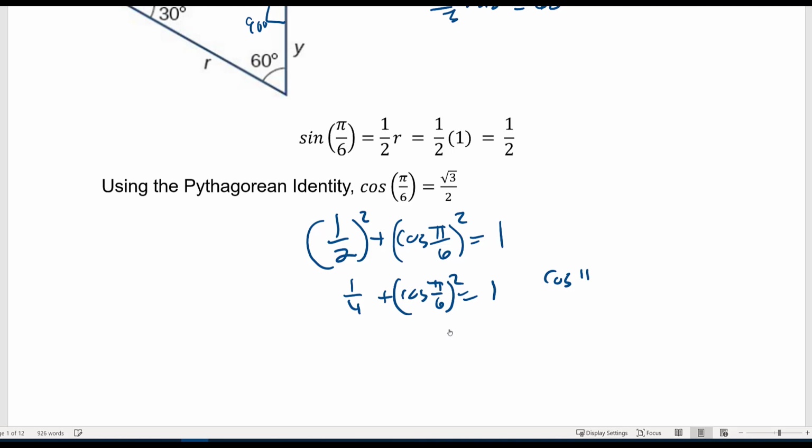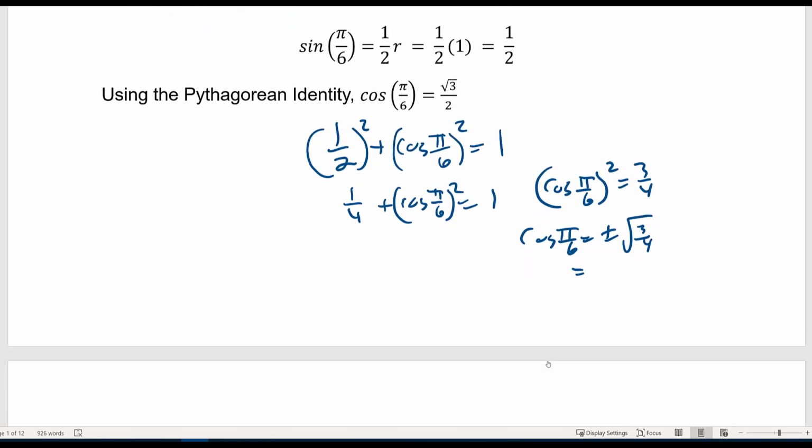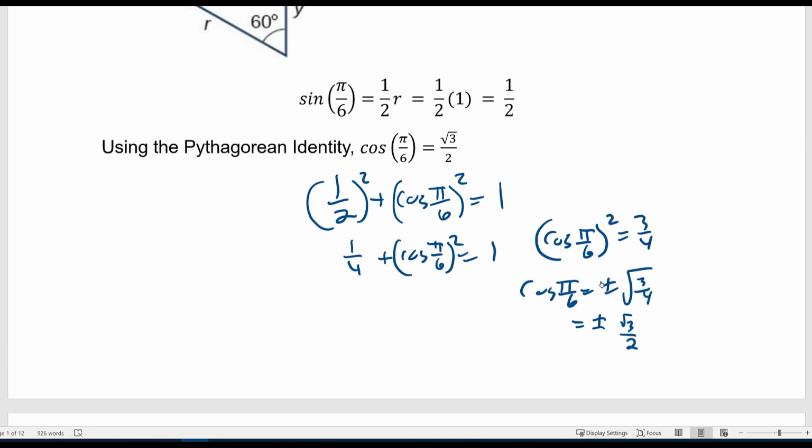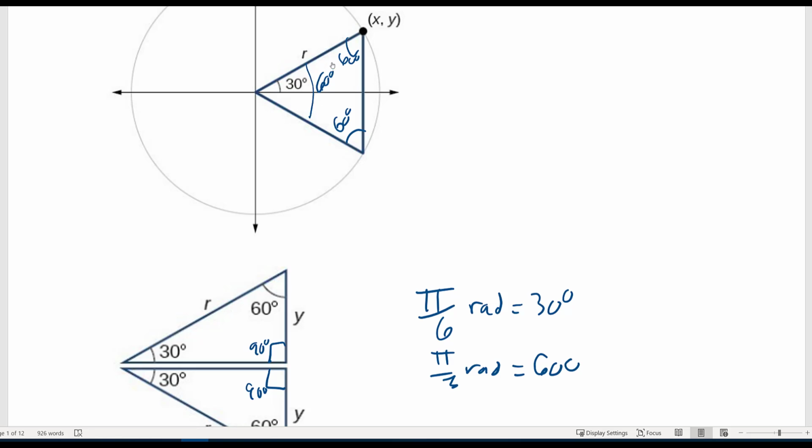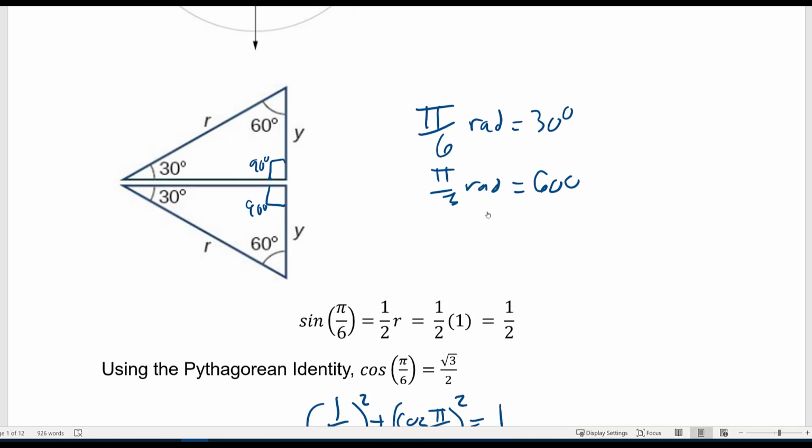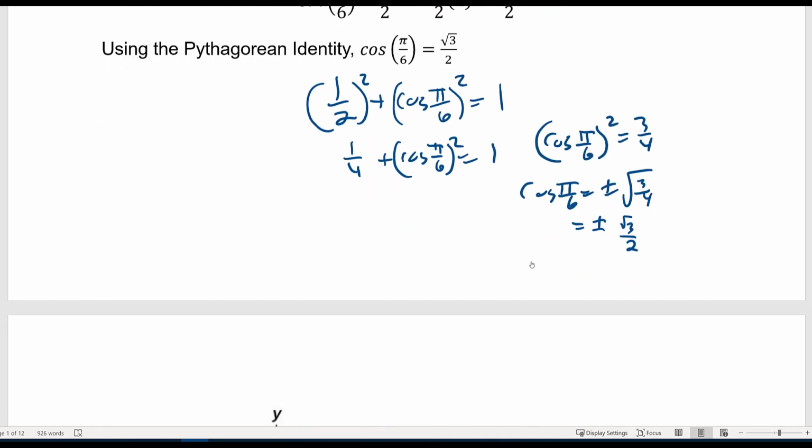So cosine of pi over 6 quantity squared equals 3/4, or cosine of pi over 6 equals plus or minus the square root of 3 over 4, so plus or minus square root of 3 over 2. This diagram shows the first quadrant; even in the third quadrant cosine is going to be positive, but we're going with the first quadrant. We're trying to come up with some standard values, so we conclude that cosine of pi over 6 is the square root of 3 over 2.